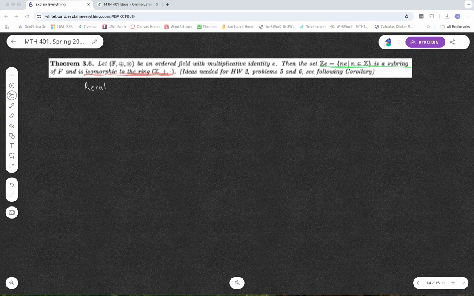And then let's recall, before I even get started, what is NE? NE equals E plus E plus dot dot dot plus E, n times, when n is positive. Let's just do 0E: 0E equals theta, so theta is the additive identity.